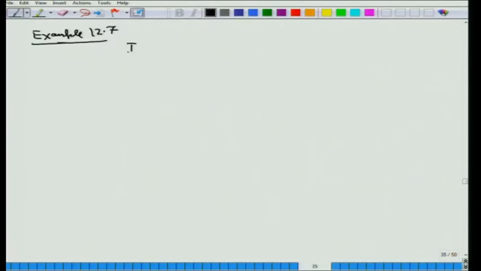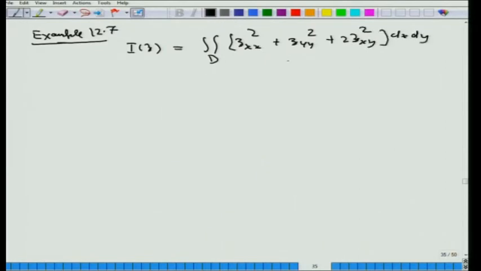So, here I z is the double integral of z x x square plus z y y square plus 2 z x y square, dx dy, and z equal to g x y on delta D.